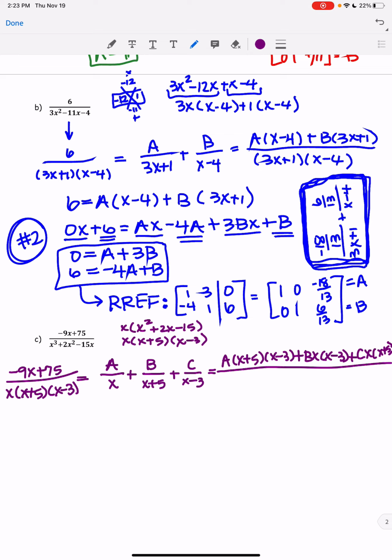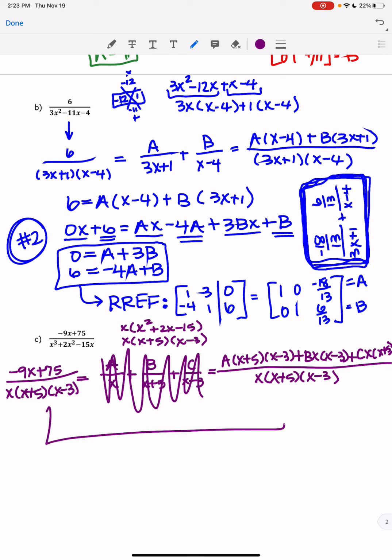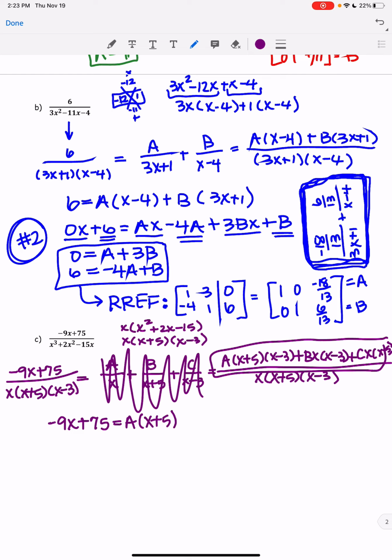And then this is all over x plus 5, x minus 3. So it's like I'm not looking at this middle one. I have these two here set equal. Because they're over the same denominator, they cancel and I'm left with just what's on top. So my equation is negative 9x plus 75 equals all of that, and all of that is all of this.